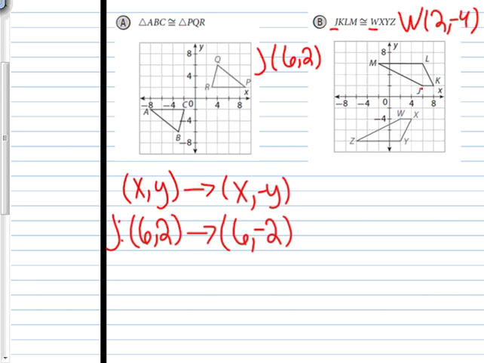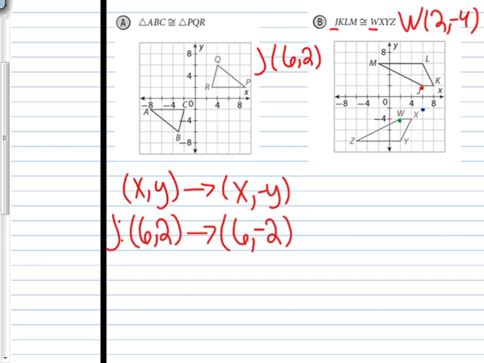Now I'm going to draw this new point for you in blue. I started here. Now I'm where the blue is, and I need to get to here, right? That's where I need to get.